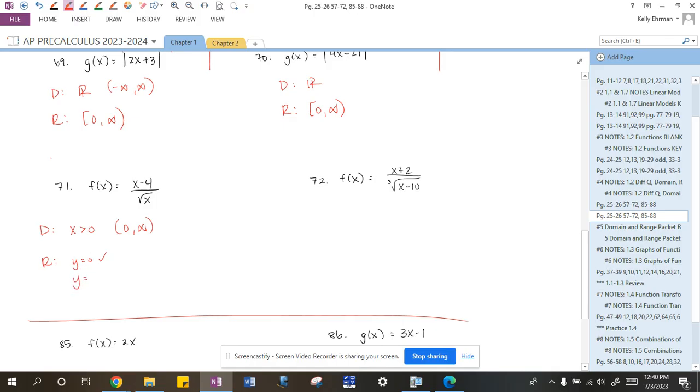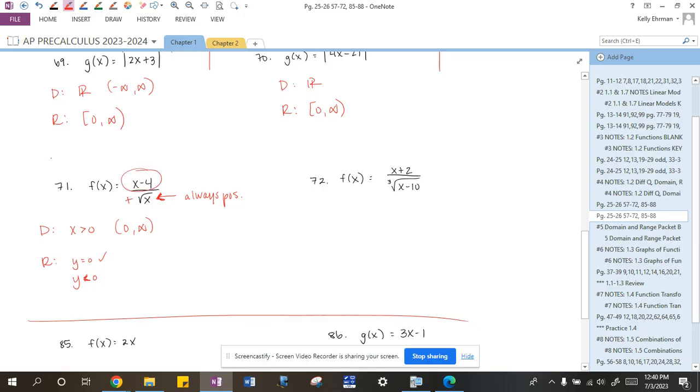Can y ever be less than 0? Can y ever be negative? Well, the square root of x is kind of like an absolute value, where it's always positive, right? You can't square root something and get a negative to come out if we're talking about real numbers. So the bottom will always be positive.